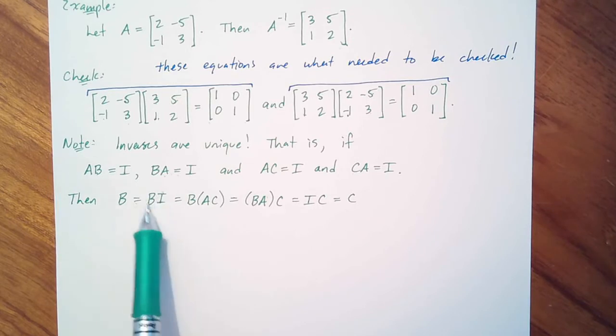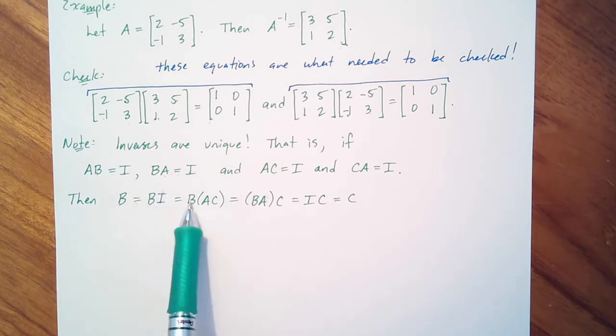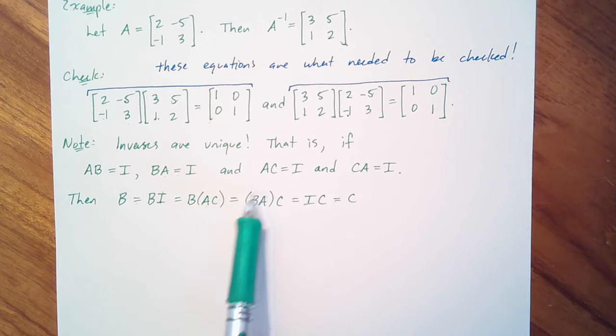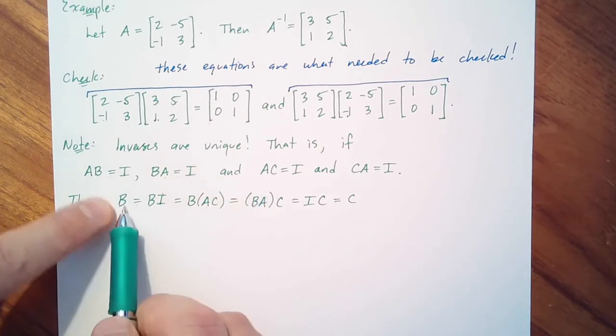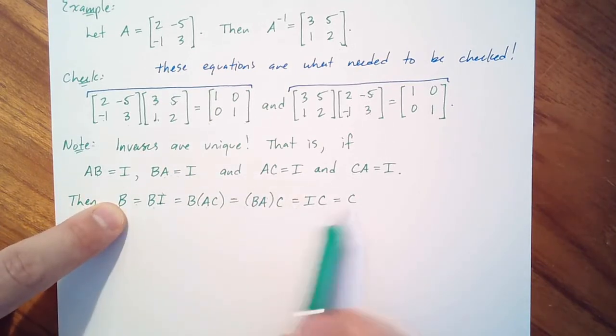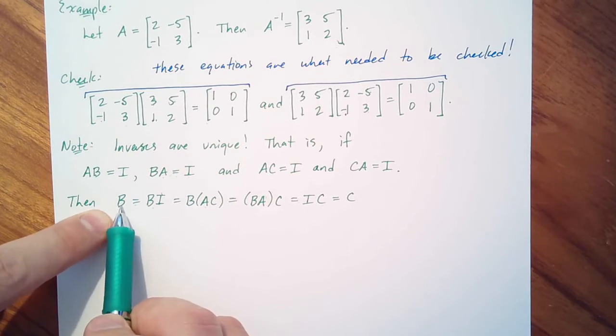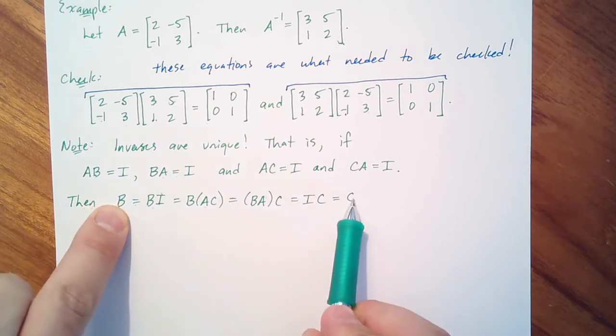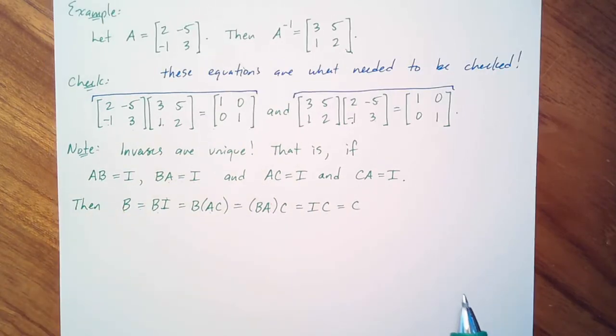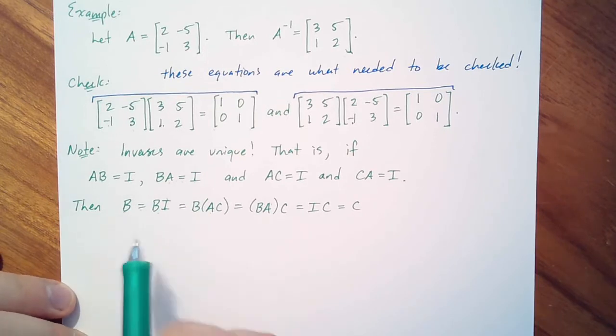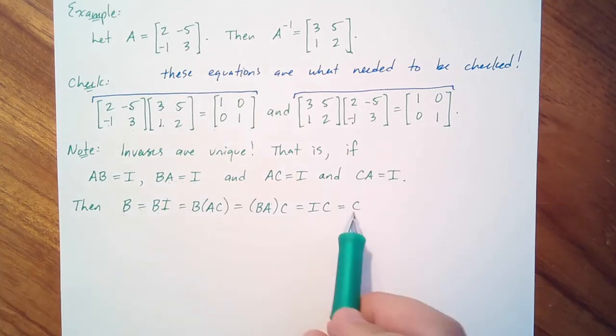B is equal to B times the identity, which is equal to this expression, and this expression is equal to this expression, and so on. We've created a chain of equalities between B and C. We've shown that B is equal to C.